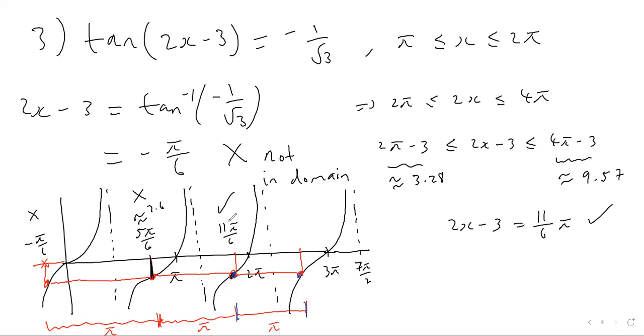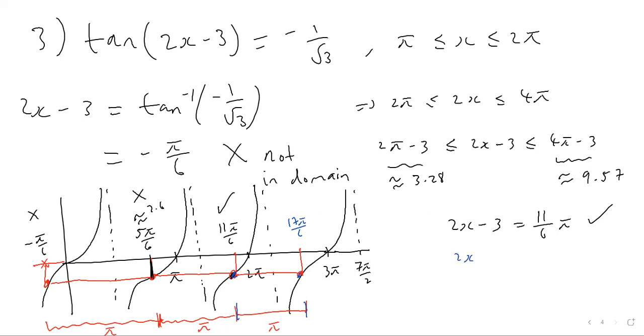So 6 pi plus 11 pi gives you 17 pi. So you get 17 pi over 6 there. And 17 divided by 6 times pi is about 8.9. That is in our domain. So we're fine. We've got this other solution as well.